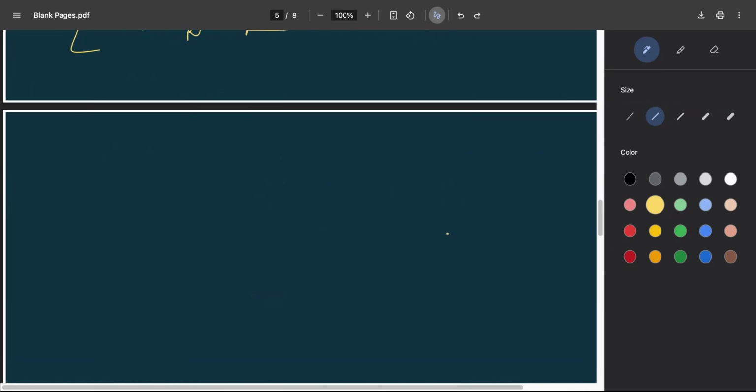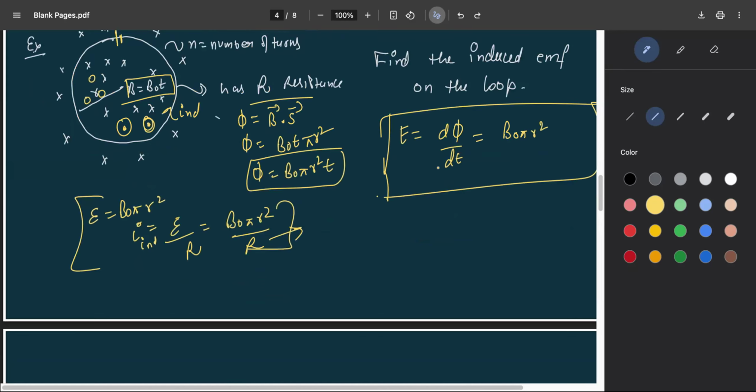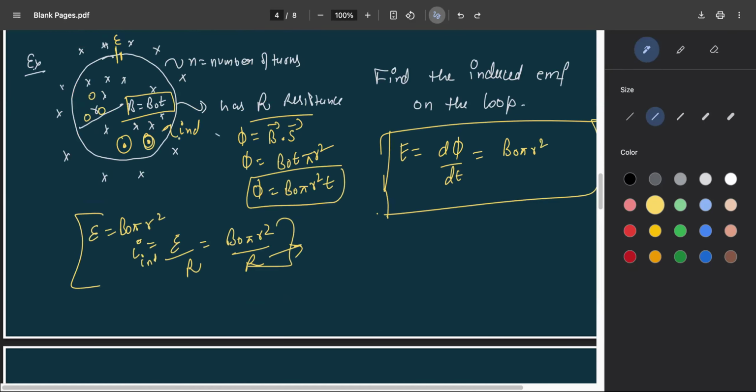If I make a different position and say that instead of t, the magnetic field is t square, so B equals B naught t square, then what would happen? Let's use another color for this. This is another part for the same problem, so I'm using another data.